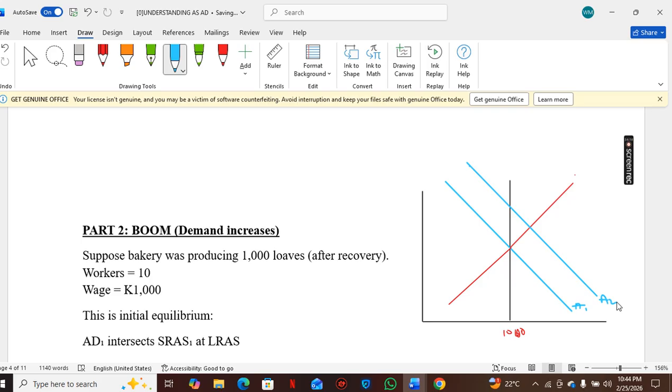You're going to produce more loaves of bread, right? Because at this point here, wages are fixed. So you can easily increase the price. And you as a company will be enjoying those benefits because your labor cost is fixed. This is in the short run again. We're in the short run, wages are fixed.